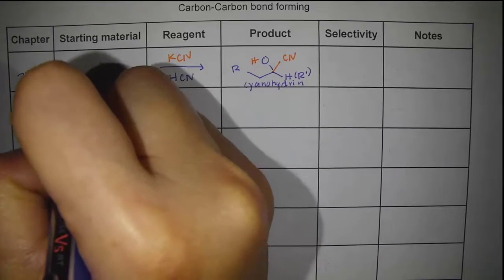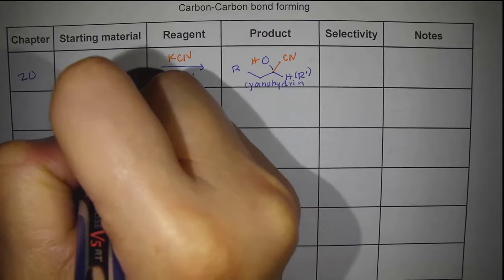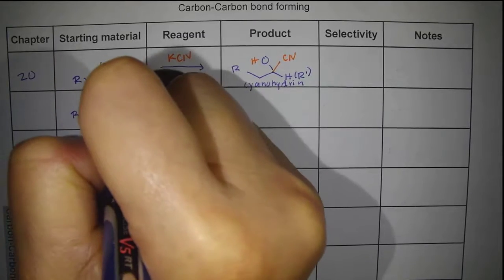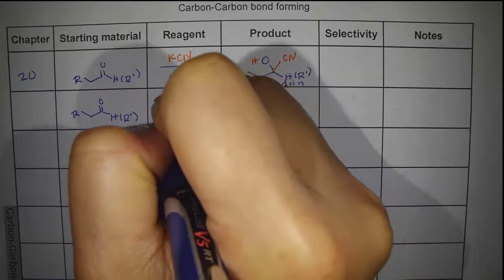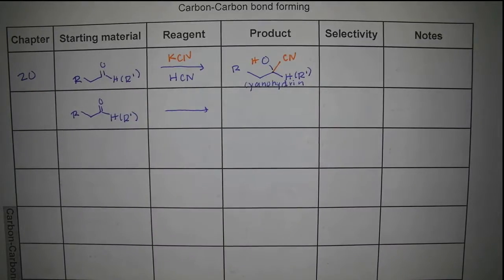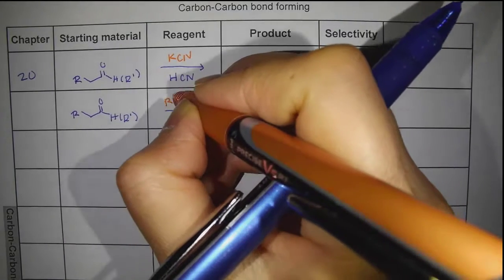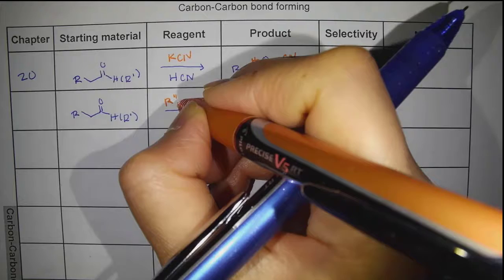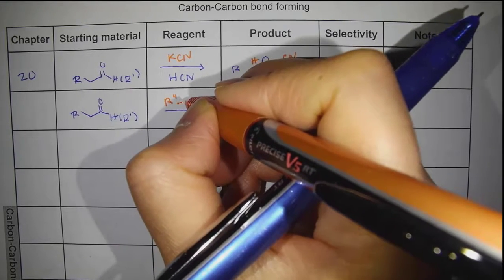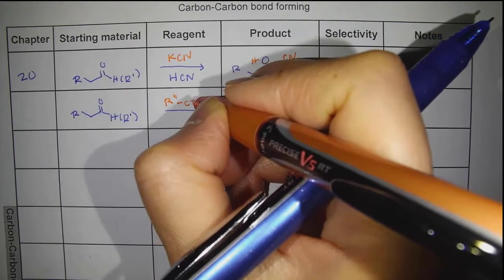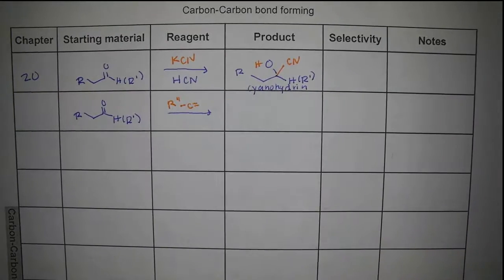All right, the next reaction on this page is the ylide. So we add the R double prime, and then there's a C that is double bonded to the Wittig reagent.